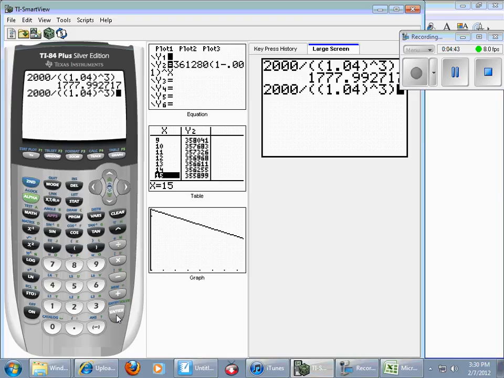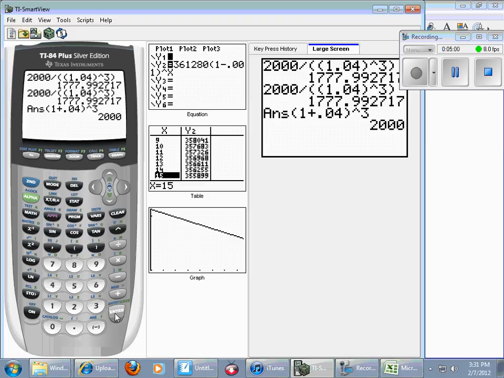I'll take my answer and multiply by the quantity 1 plus 0.04, raised to the third power. And look at that, I got 2,000, even though, oh, I didn't use the rounded form on the calculator.